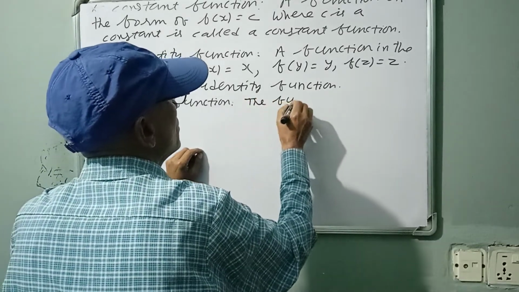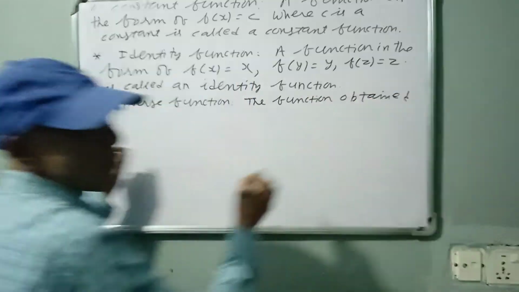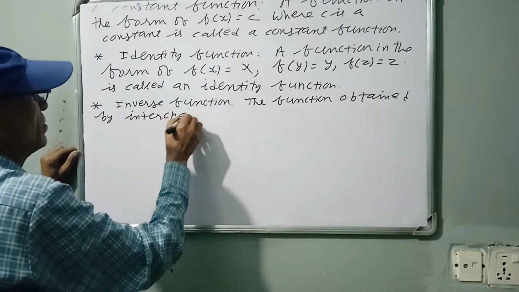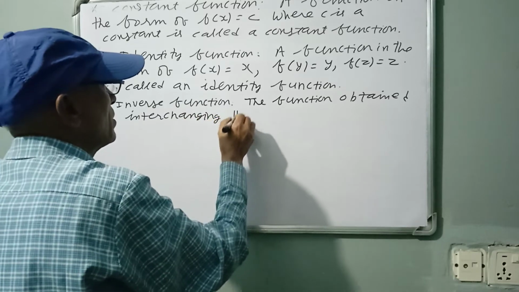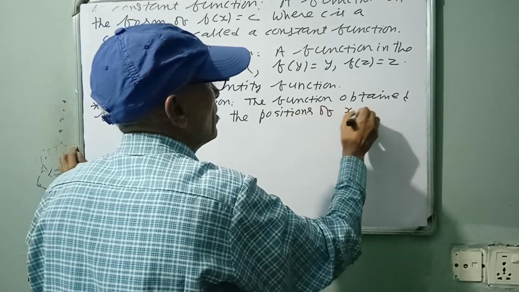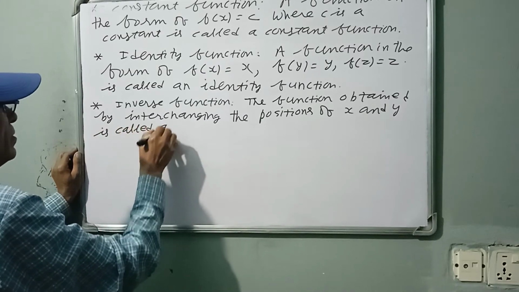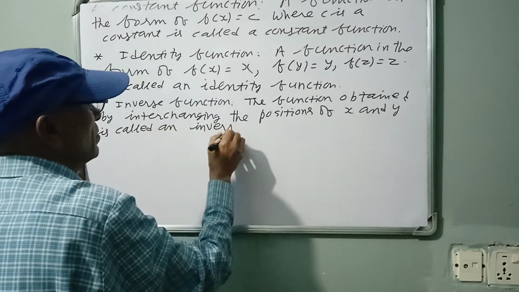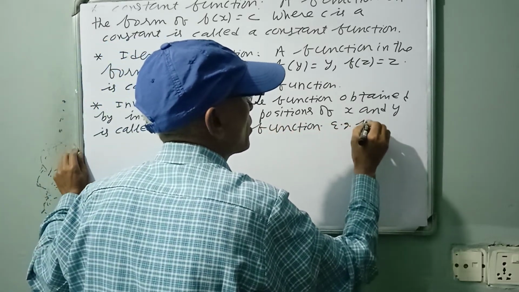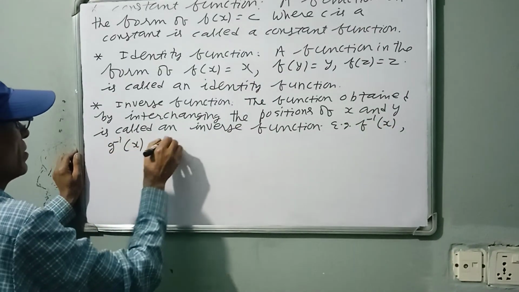The function obtained by interchanging the positions of x and y is called an inverse function. It is denoted by f inverse x, g inverse x, etc.